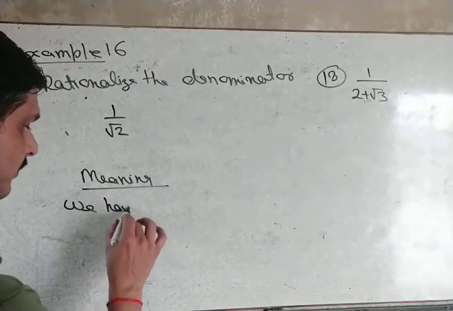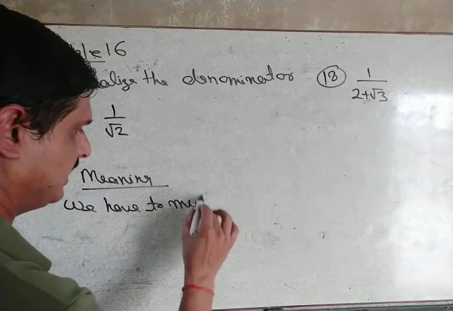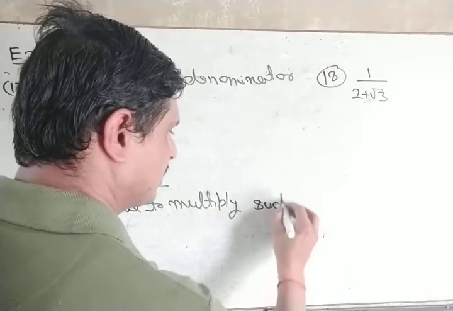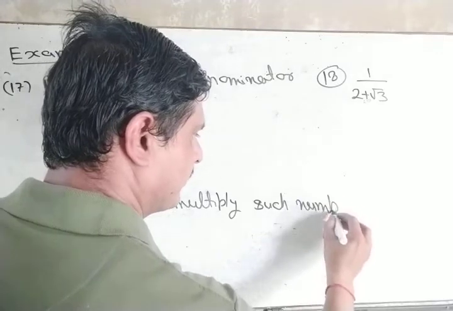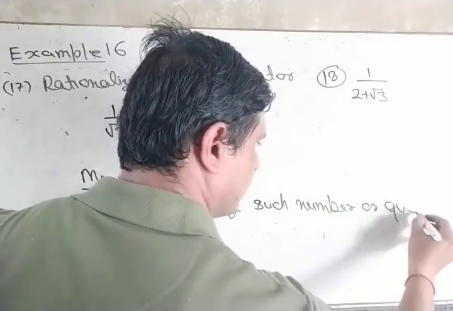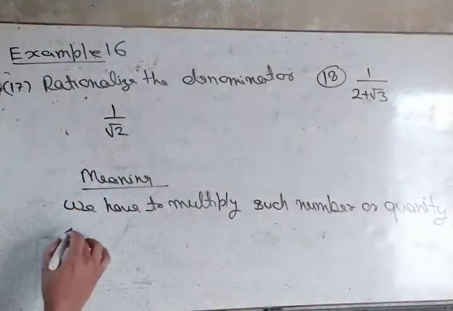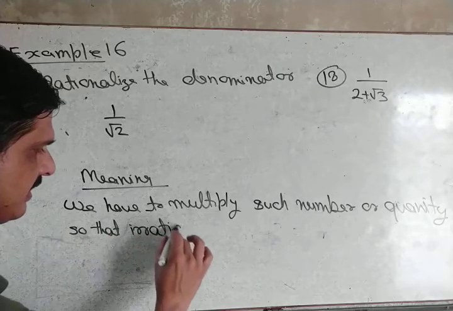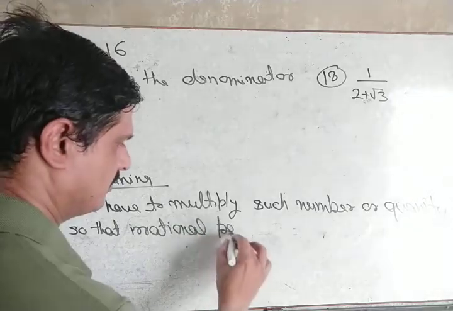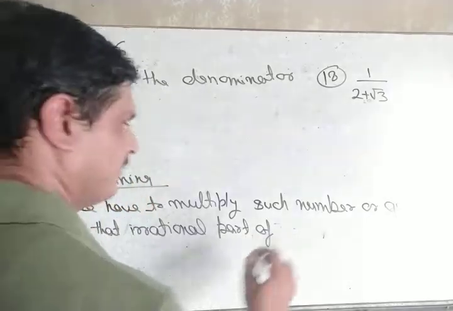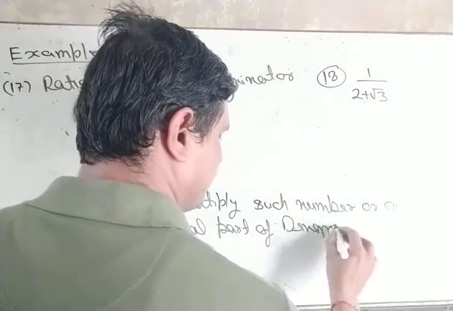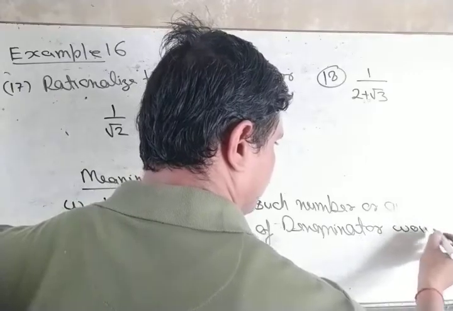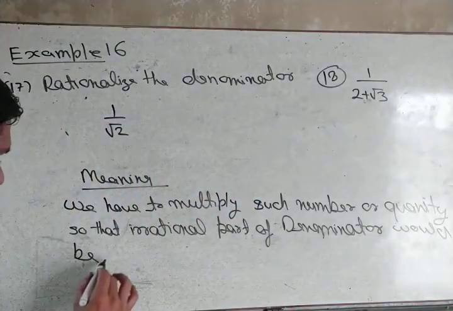We have to multiply such a number or quantity so that the irrational part of the denominator would be vanished.